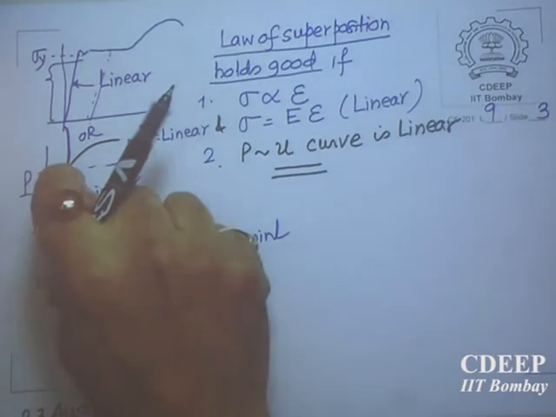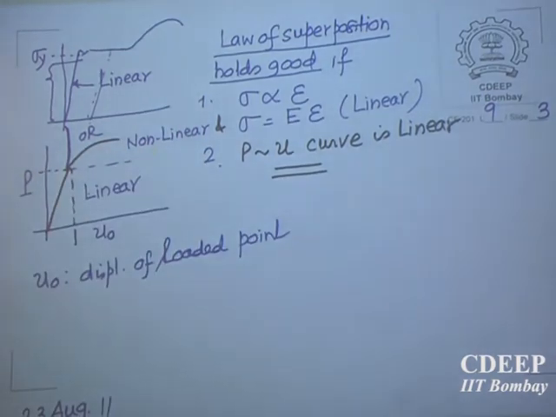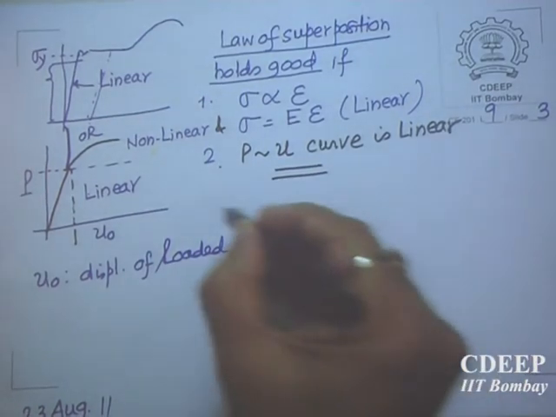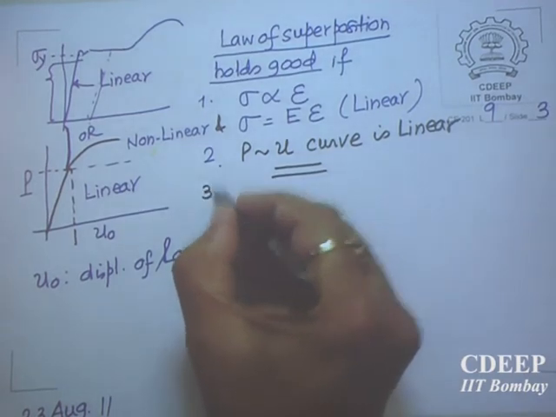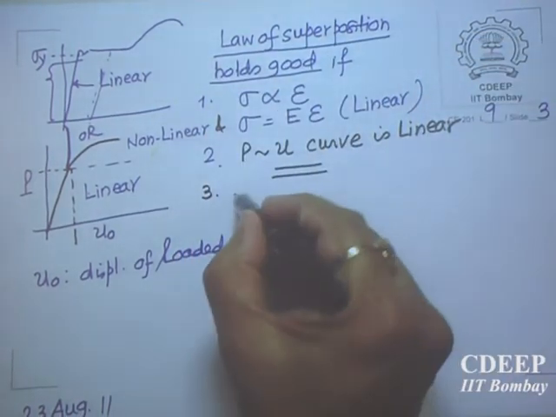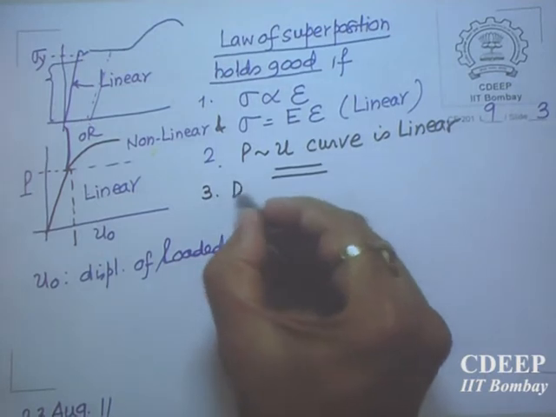But if it goes into the non-linear, it may become equal to the diameter or even more than that. So we call such displacement large displacement. So we are dealing with small displacement. So third one, linearity holds, superposition holds good if displacements are small.